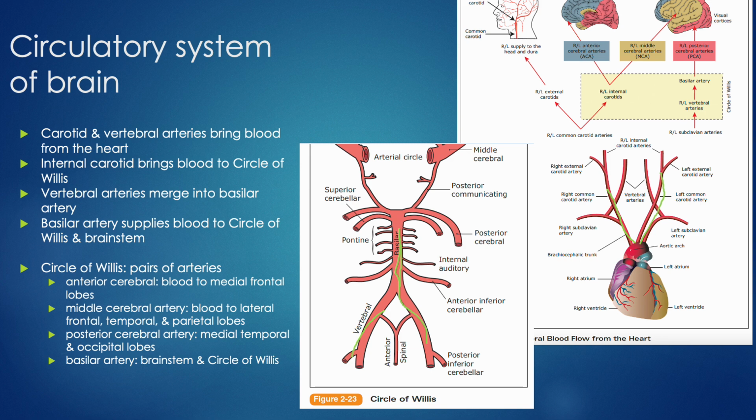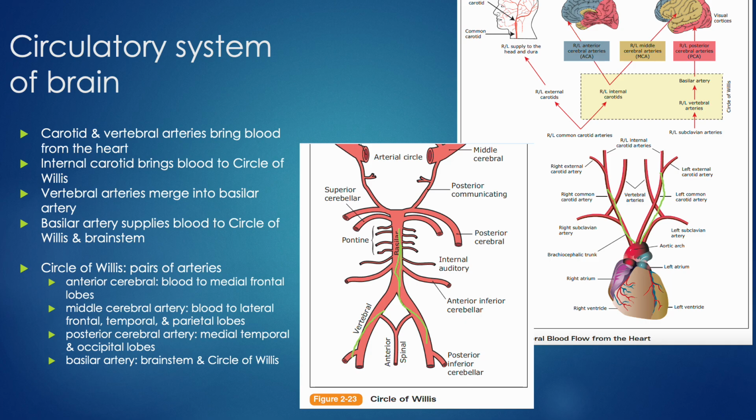It's kind of a protective mechanism in the base of the brain, and the blood can circulate around, and if there's an occlusion up to that point, the brain can still receive blood from the rest of the circle of Willis. The pressure may be a little altered, but it can still receive the blood and keep the constant supply of glucose and oxygen that the brain needs.